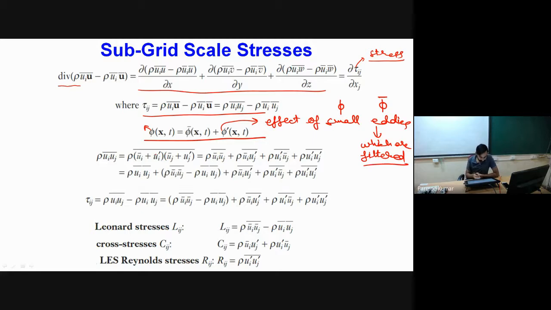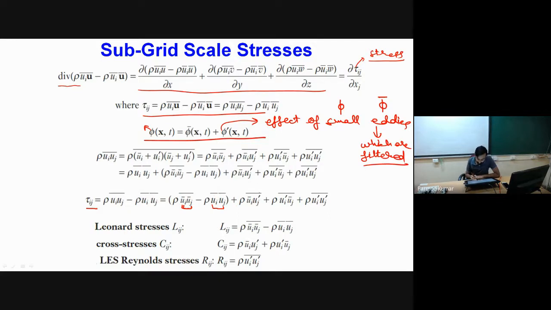If you do some algebra, finally you can write that tau ij takes the form rho ui bar uj bar, the first term, for which the physical meaning is clear to us, and this is something we are considering as the double bar of that.